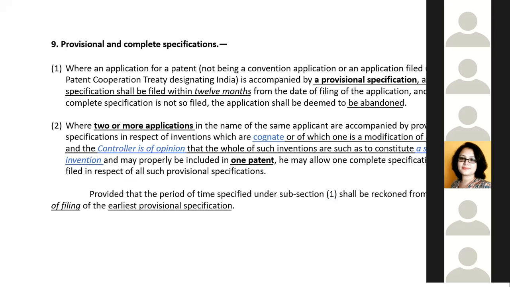Now the question comes, अगर मैंने एक से ज्यादा मल्टीपल प्रोविजनल एप्लीकेशन फाइल की है विद इन 12 months ऑफ टाइम, मेरी प्रायोरिटी डेट कौन सी रहेगी? प्रायोरिटी डेट ऑफ योर कंप्लीट स्पेसिफिकेशन इज द फर्स्ट प्रोविजनल फाइलिंग डेट.